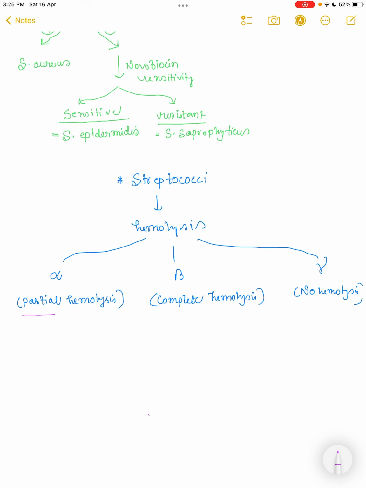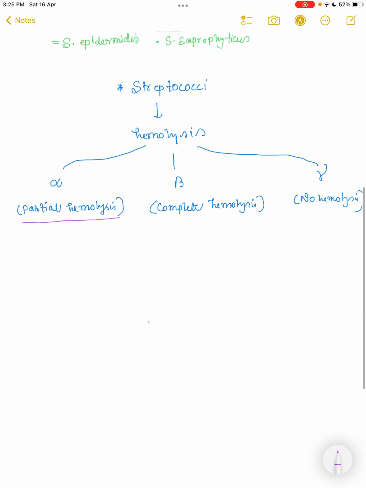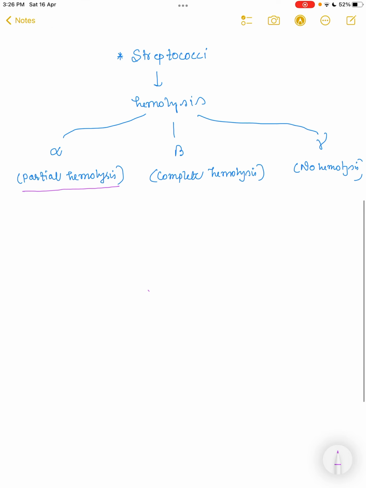So in case of beta hemolysis, you have to remember a mnemonic. I just remember it like that, beta for bacitracin sensitivity, and you have to remember the PYR test is in both beta and gamma.